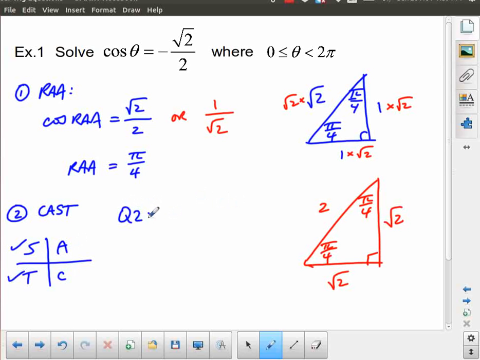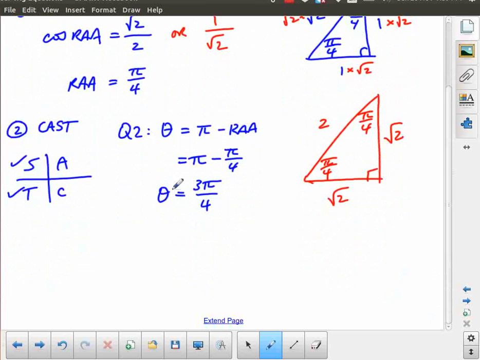In quadrant 2, my value for theta is pi minus the related acute angle, which is pi minus pi over 4, the related acute angle we found in the previous step. That gives me 3 pi by 4, and that's one of my values for theta.